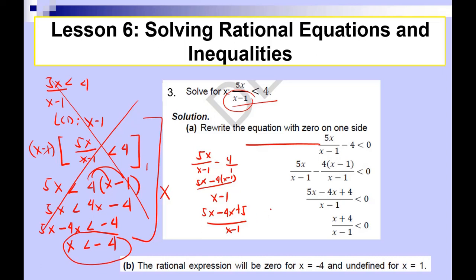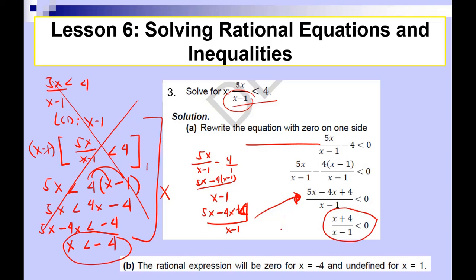So, that's why nagiging ganyan siya. Okay? So, we will have, ano siya? X minus 1 pala to. So, negative 4 times negative 1, that is positive 4 pala. Bakit 5 ang nalagay ko? Okay? So, we will have to simplify this one. So, 5x minus 4x, that is x plus 4. So, this is our step number 1.